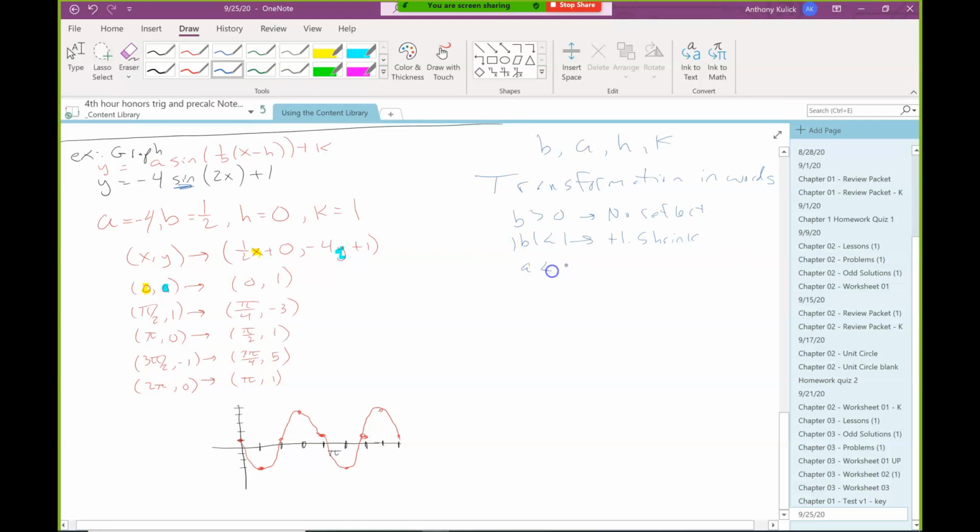The A value is negative, so there we have a reflection across the x-axis. And the magnitude of A is bigger than 1, so we'd have a vertical stretch. The h equals 0, so we have no translation left or right. And the k is positive, so we're going to go up that many units.